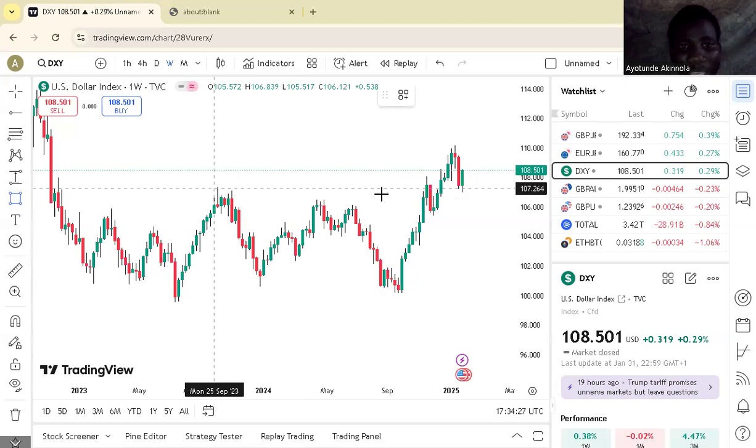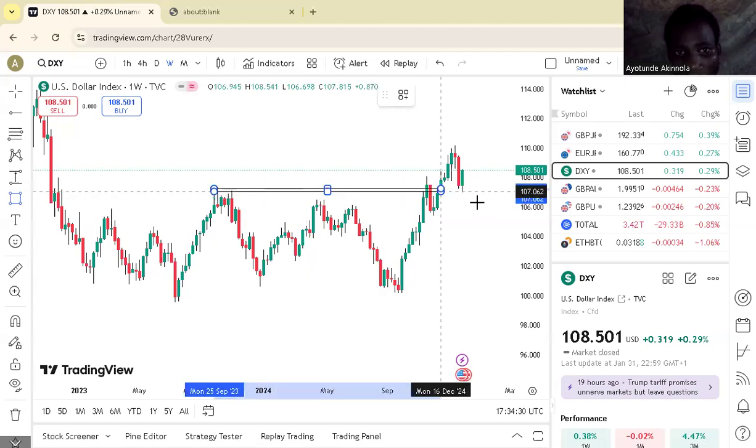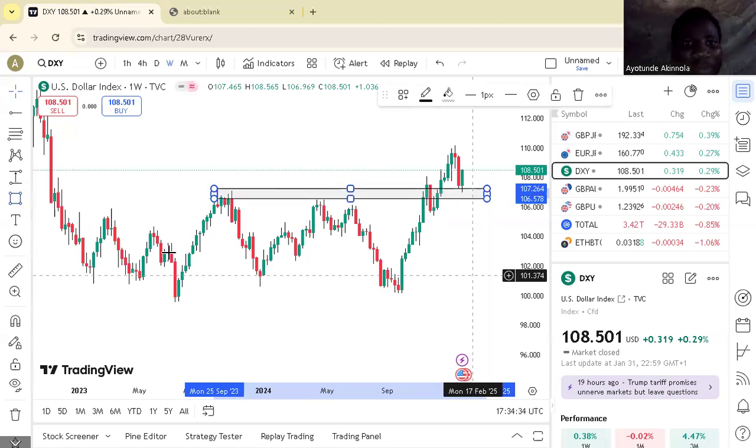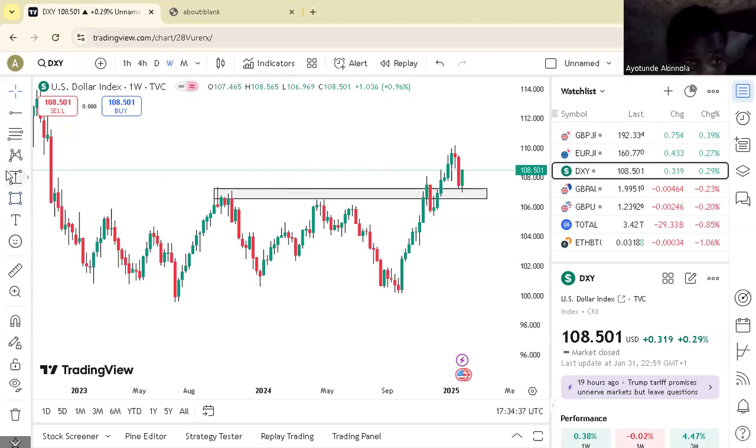Remember, this is a bigger time frame. It's weekly. So we'll judge our movement from daily to 4 hours.